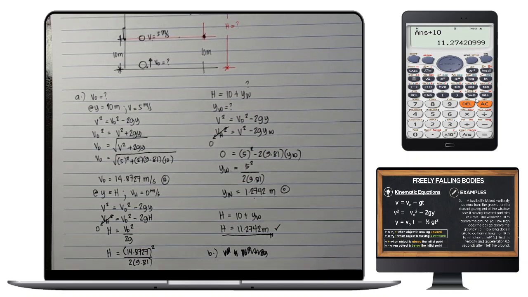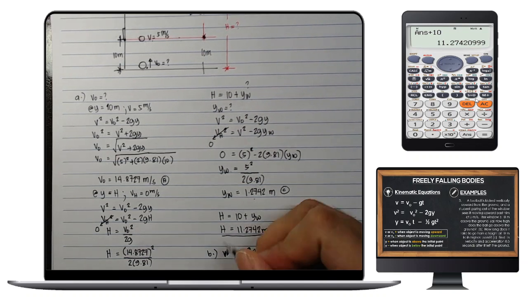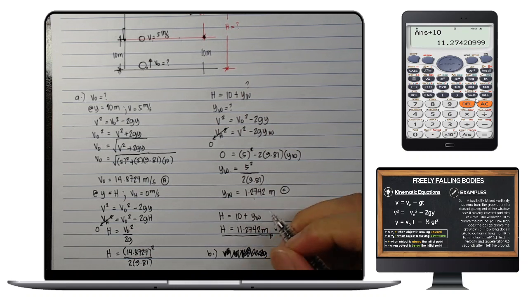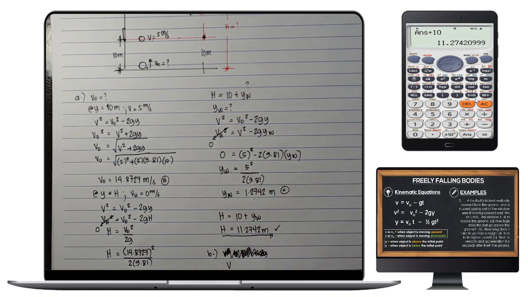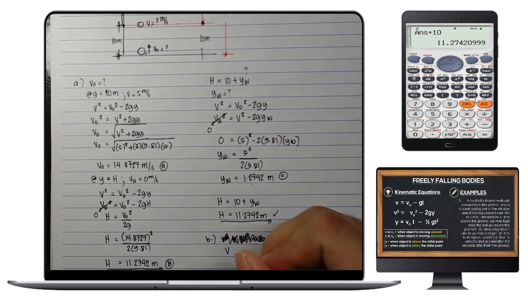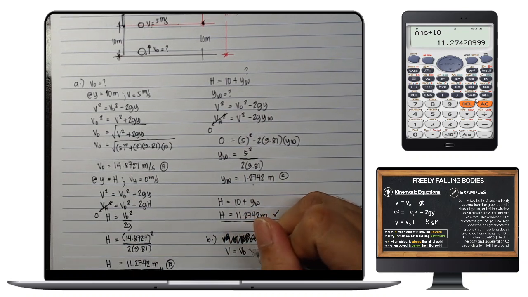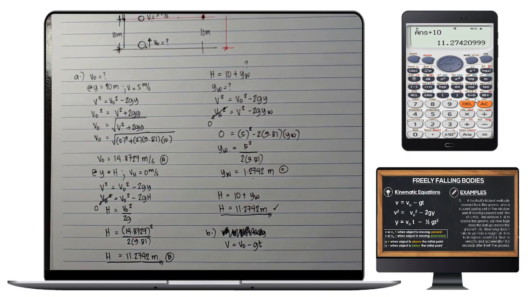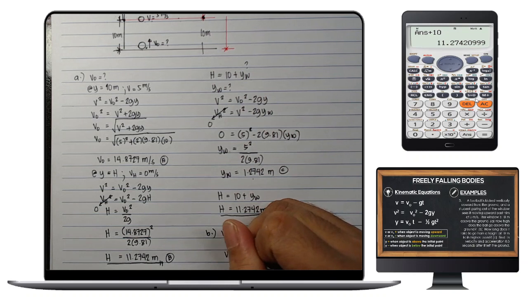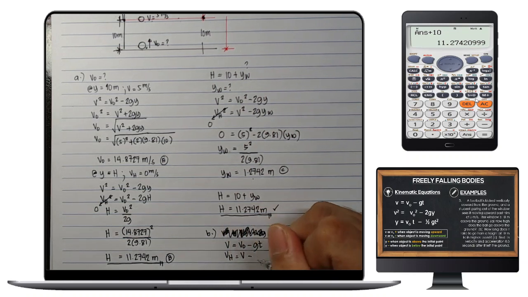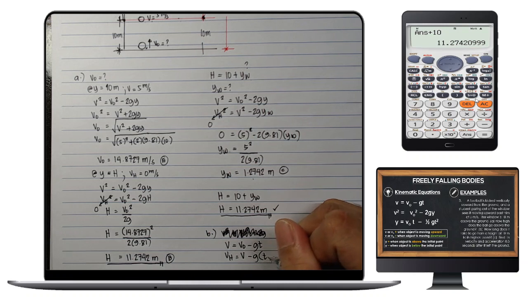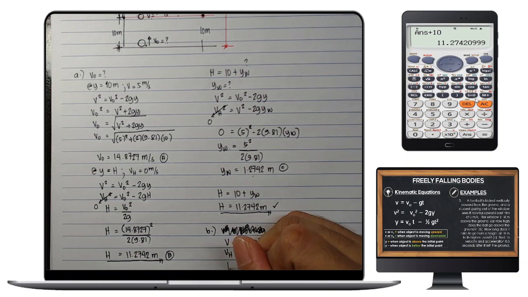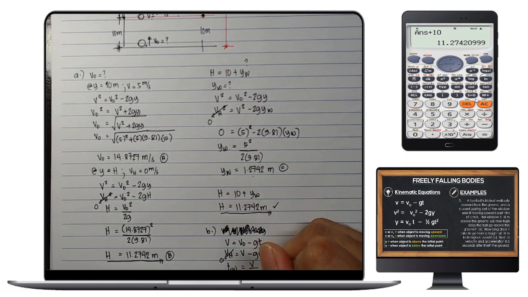So, using the first equation, we have v is equal to vo minus gt. So, v natin, that is v sub h, is equal to vo minus g times t, sabihin natin t sub w. With that, we can solve for t sub w, since this is 0, that is equal to v divided by g.